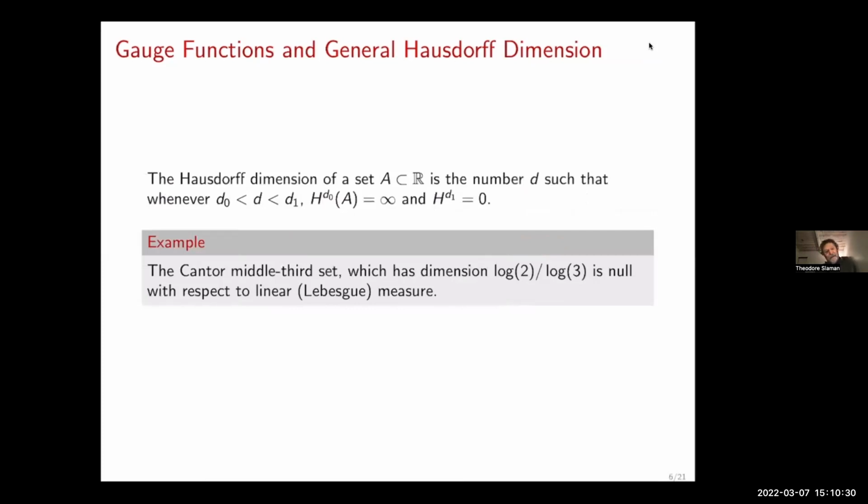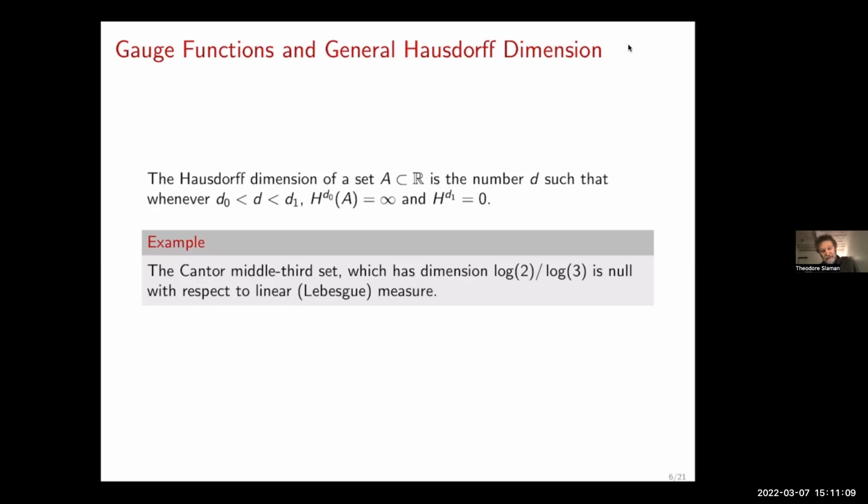Okay, the Hausdorff dimension of a set, this is the classical dimension. The Hausdorff dimension of a set in the reals or in 2 to the omega, etc. is the number d such that whenever d0 is less than d is less than d1, so d is sandwiched between d0 and d1, then the d0 outer measure of A is infinite, and the d1 outer measure of A is equal to 0.